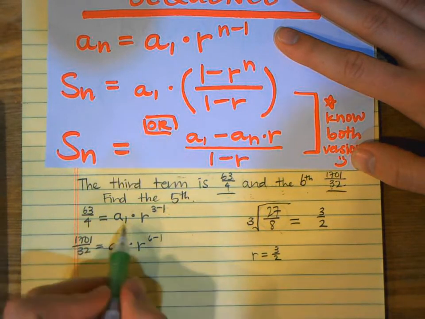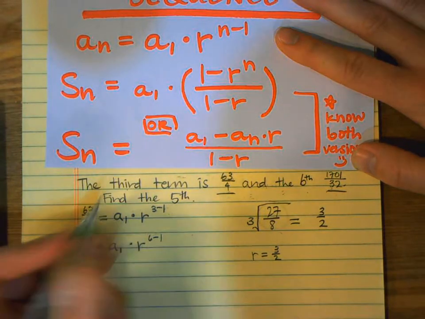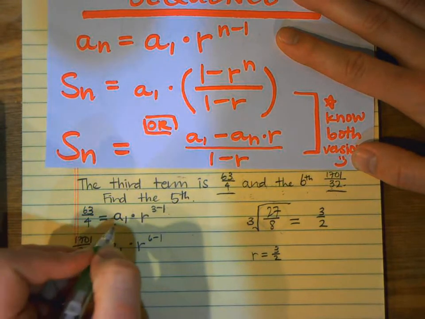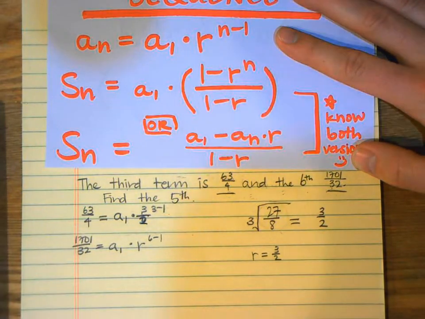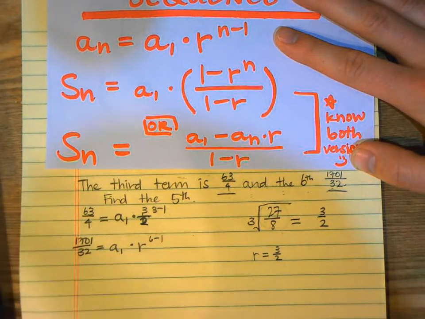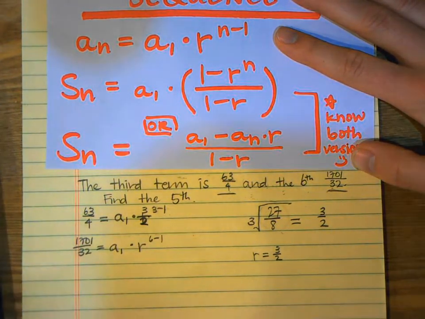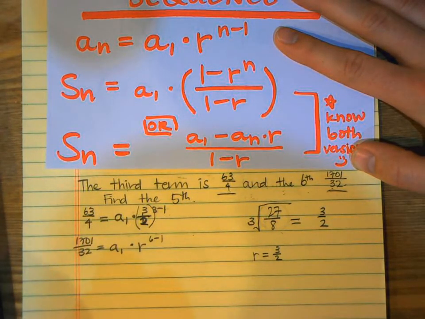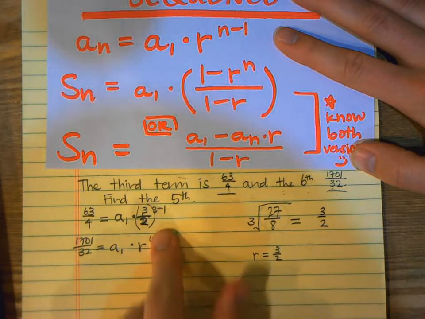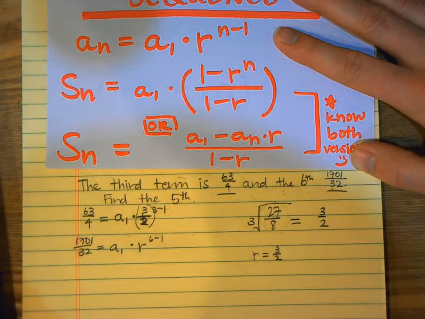And now I know that back in this first equation, the r term is 3 over 2. I can just simplify this to figure out what the a1 term is using this first equation. So I'm going to do 3 over 2, which is 1.5, to the second power, just following this formula, 3 minus 1 is 2, and I get 2.25.